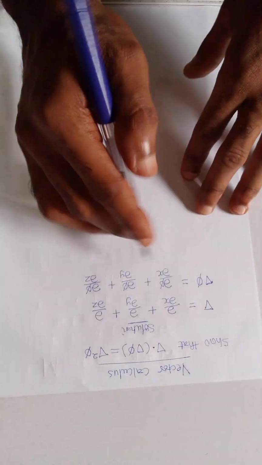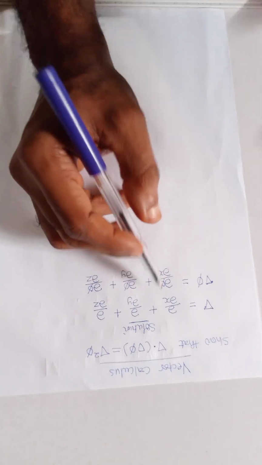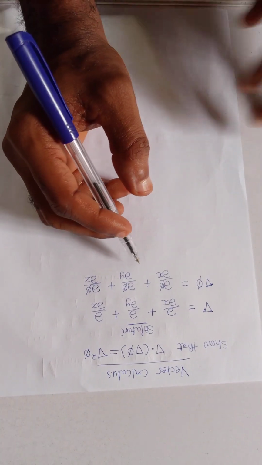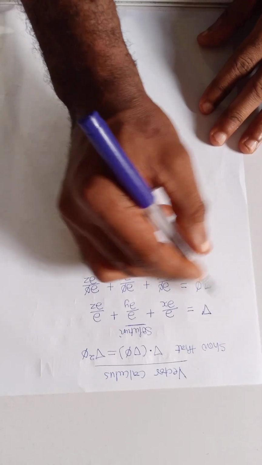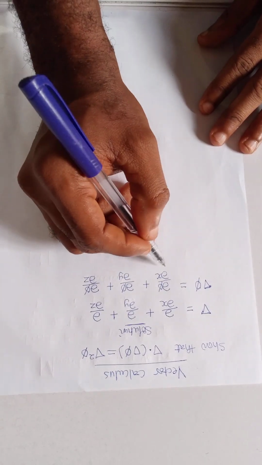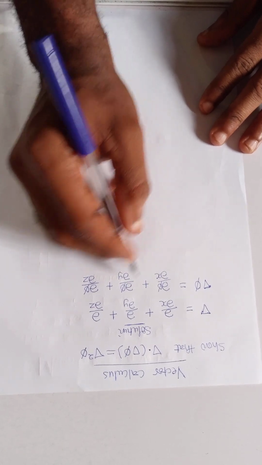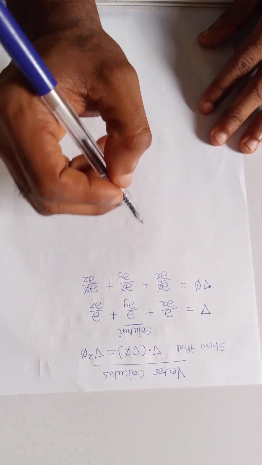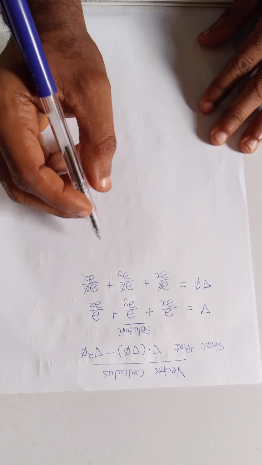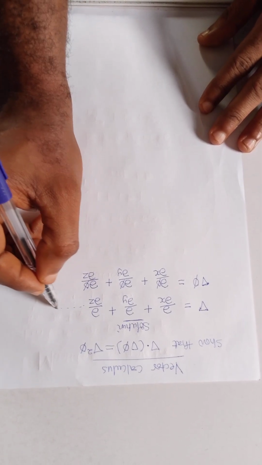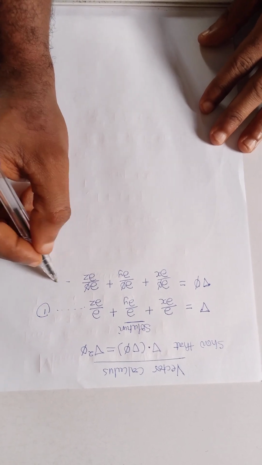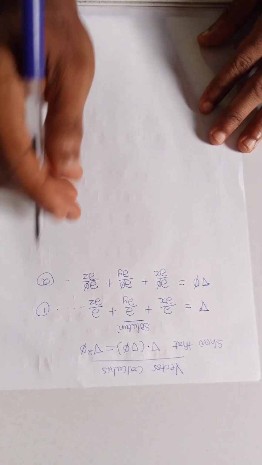And so because the first operator without phi is expressed this way, and then when phi is added, this is the gradient operator, we have the partial derivative of phi with respect to x, partial derivative of phi with respect to y, and partial derivative of phi with respect to z. So we can call this equation 1, and then we call this equation 2.